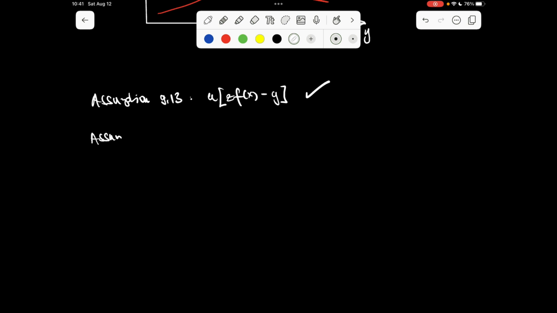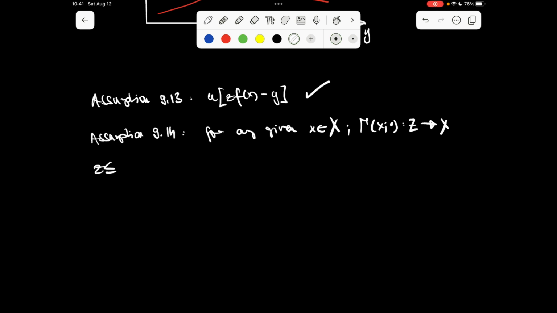Assumption 9.14, for any given x coming from the state space, the correspondence gamma is increasing in the sense that given two shocks, this relation is supposed to hold.